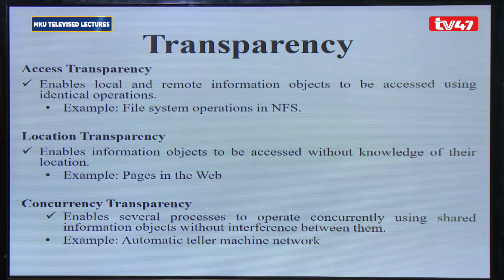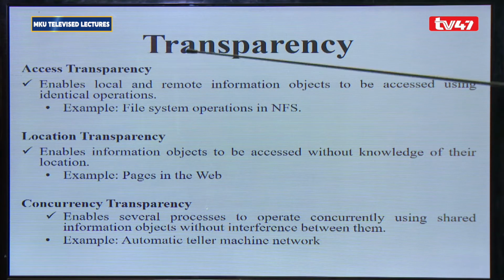Access transparency enables local and remote information objects to be accessed using identical operations. For example, you have a file system and your colleague is trying to access the same system. You'll be able to access the same system transparently.